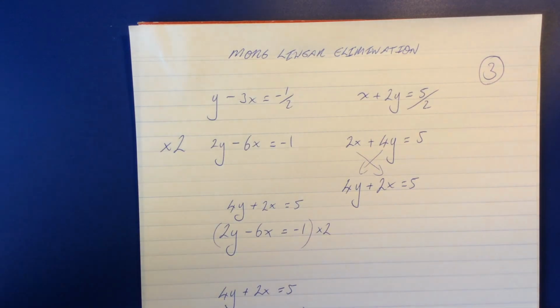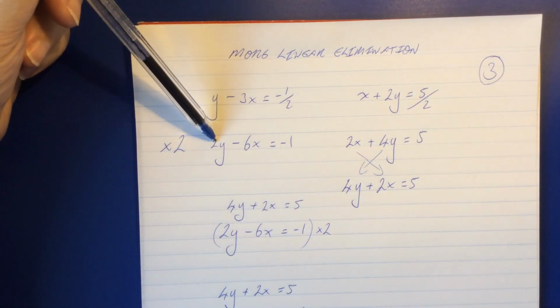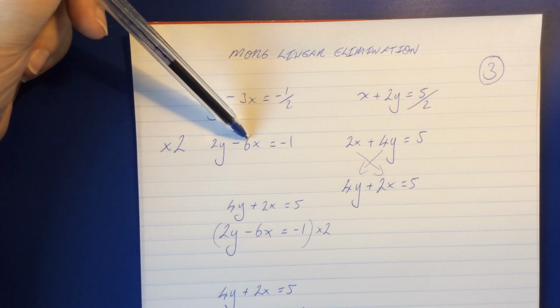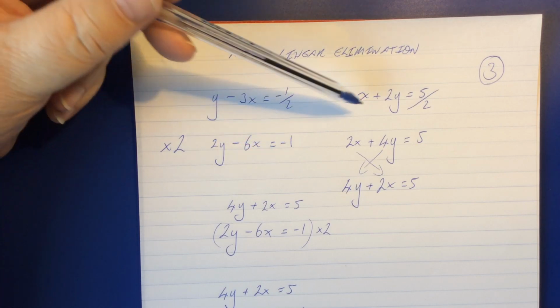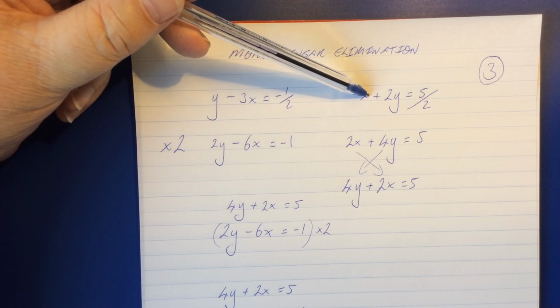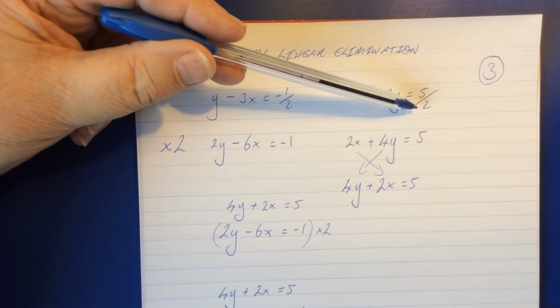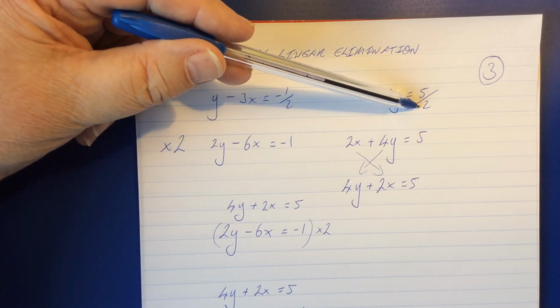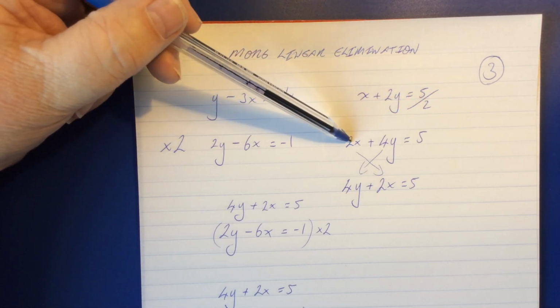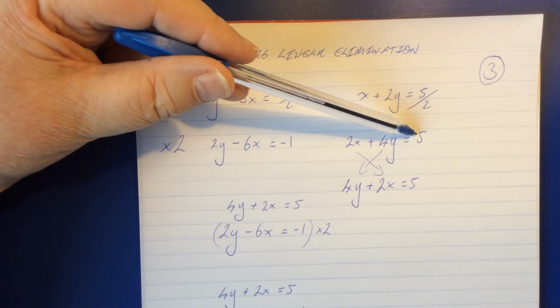So I'm going to multiply this by 2. So this becomes 2y minus 6x equals negative 1. And I'm going to multiply through by 2 here as well, and that's going to get rid of this fraction. So x plus 2y equals 5 over 2 becomes 2x plus 4y equals 5.